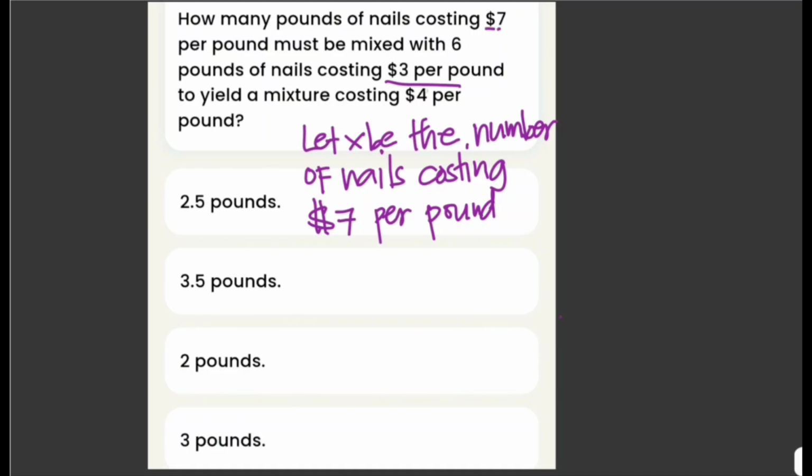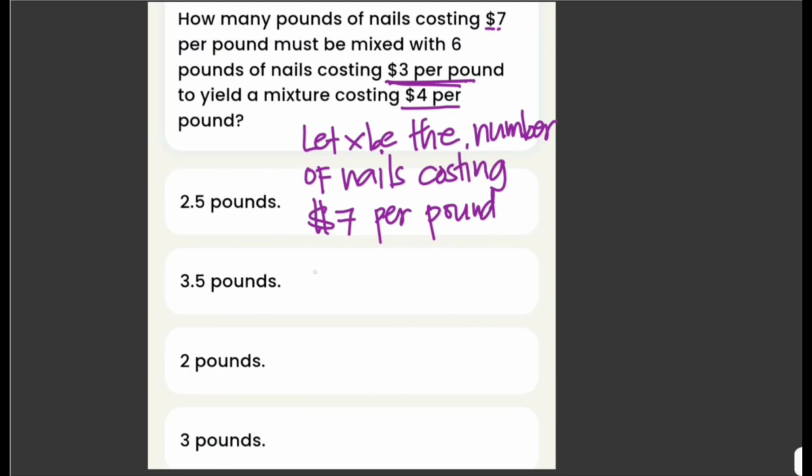It will be mixed with the $3 per pound, and we need to find the number of pounds of $7 nails that would be mixed with the $3 per pound, so we could yield a mixture of $4 per pound.